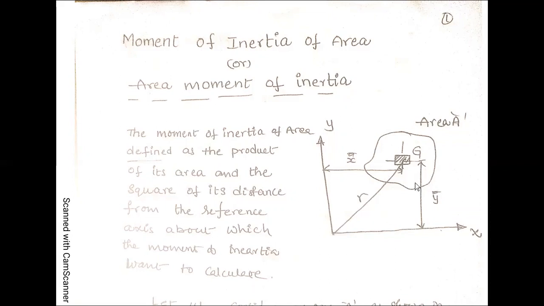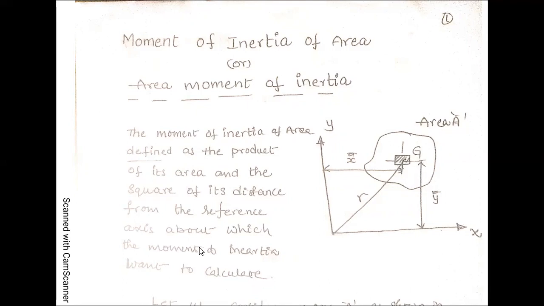Okay. To understand this moment of inertia concept, let us take one elemental strip of rectangular cross section exactly at the center of gravity.